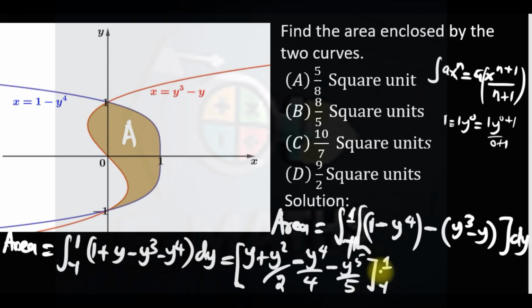We need to substitute the values and subtract the lower limit from the upper limit. Let's substitute 1 here. We have 1 plus 1 over 2 minus 1 over 4 minus 1 over 5.